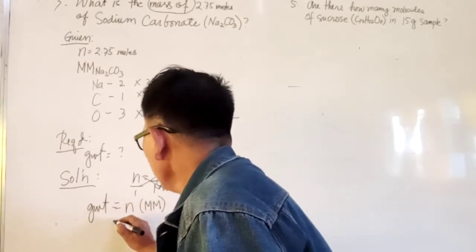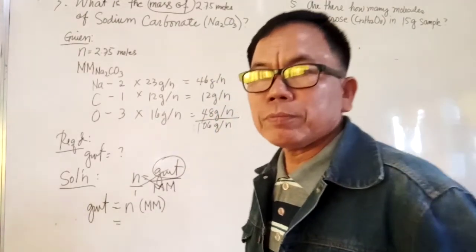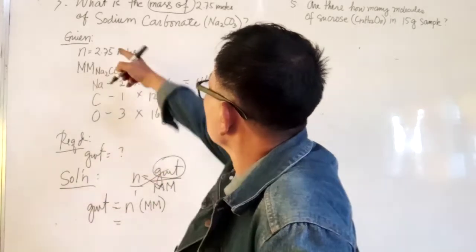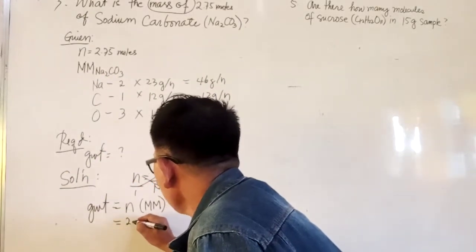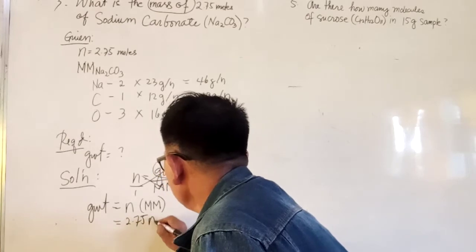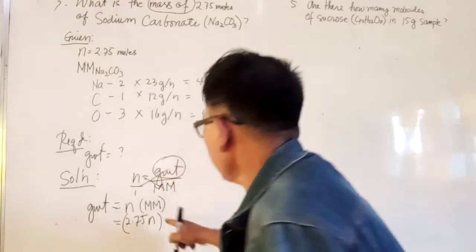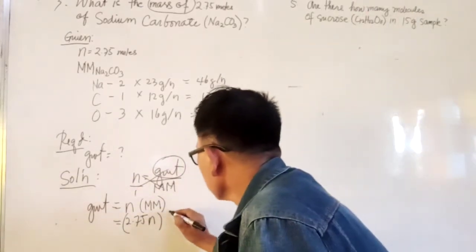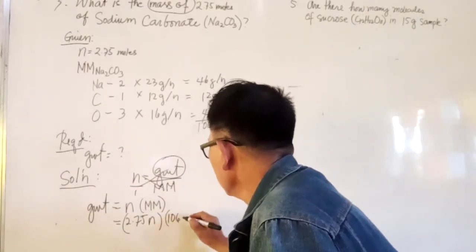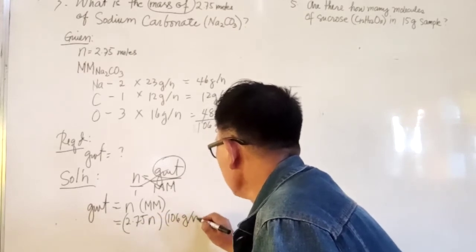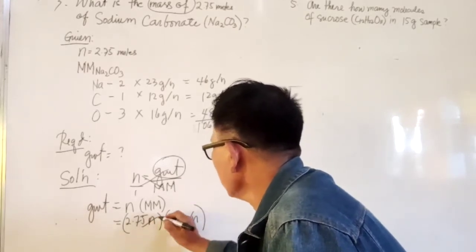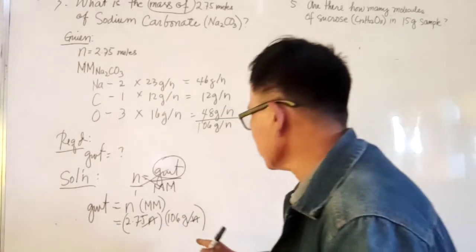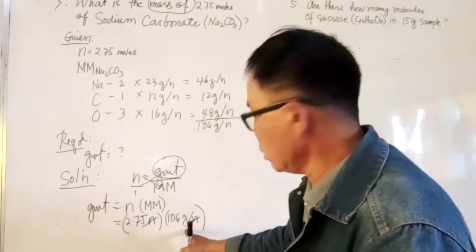Okay, so we can now substitute the given. What are the given? You have the number of moles of the substance, 2.75 moles, multiplied by the molar mass, which is 106 grams per mole. The unit mole cancels, and what remains as the unit is gram.